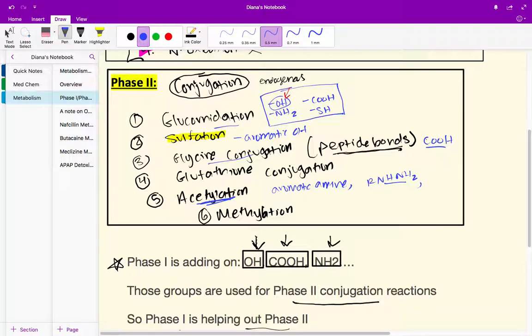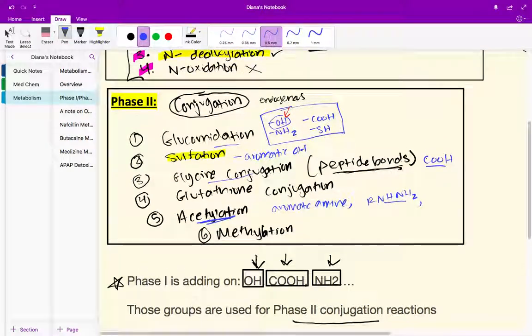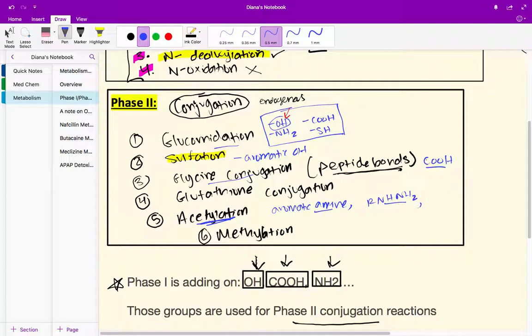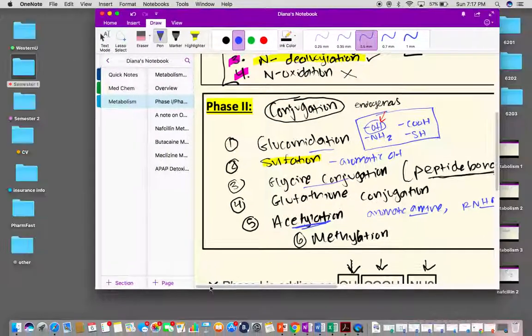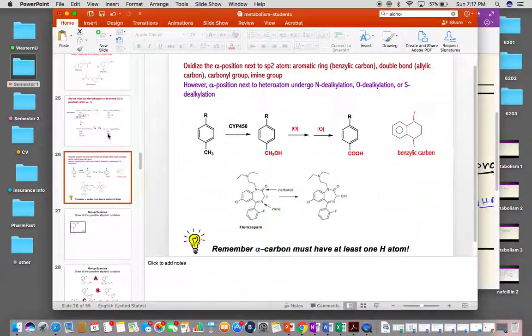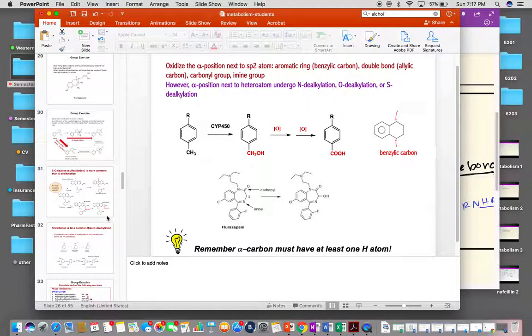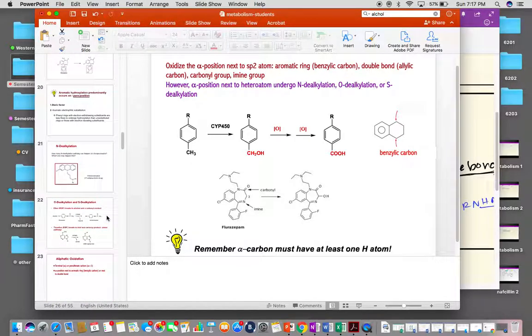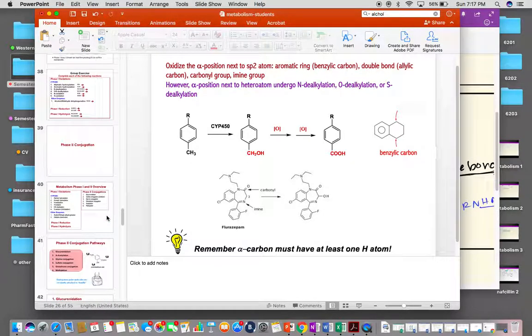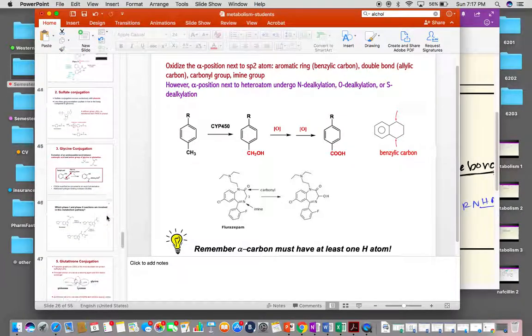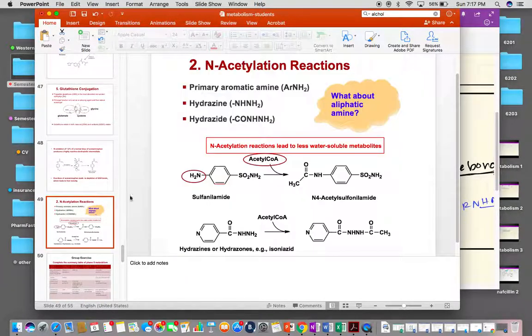Okay, and then if you look at your lecture notes, that will have a specific name, right? So when you see these groups, you can start to think that you could have acetylation. And so I wanted to show you where this would be in your lecture notes. So in your lecture notes, you should see N-acetylation, okay? So you should see that under phase 2 reactions, and then you'll see N-acetylation reactions.